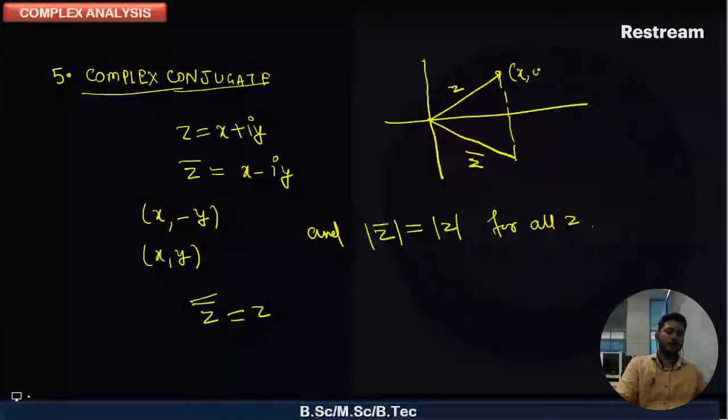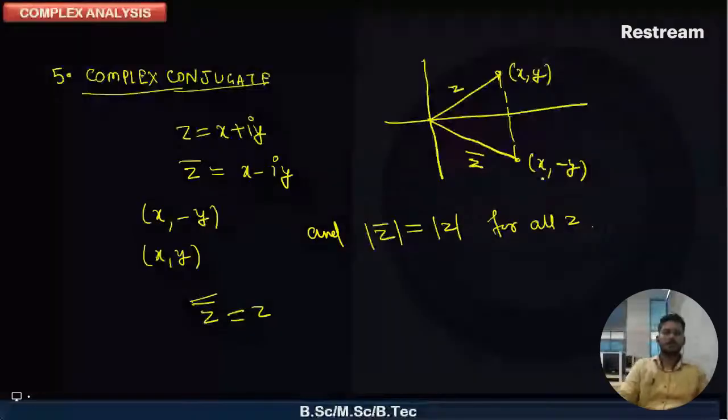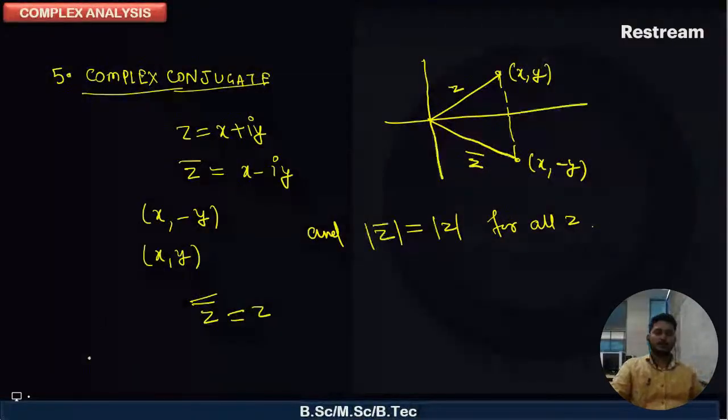Here the coordinates are x comma y, and here the coordinates are x comma minus y. So just imagine the conjugate part is its negative part. I think you may understand the real portion and the imaginary part.